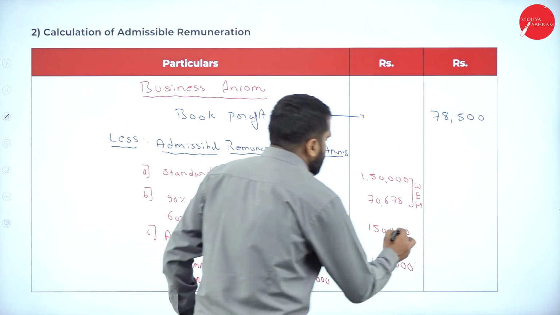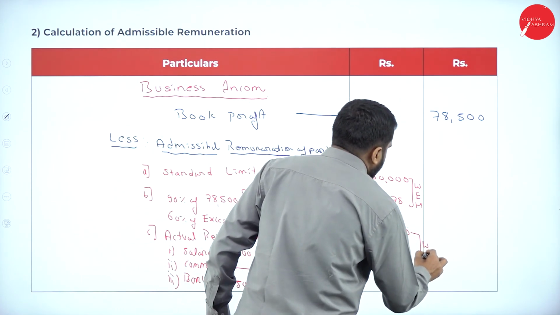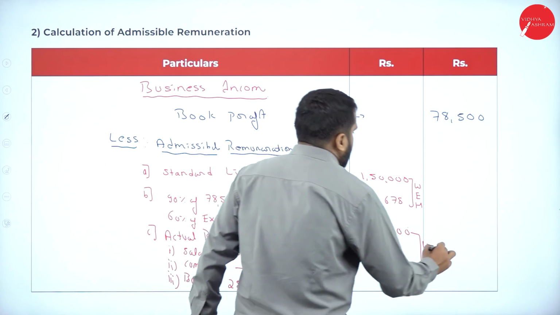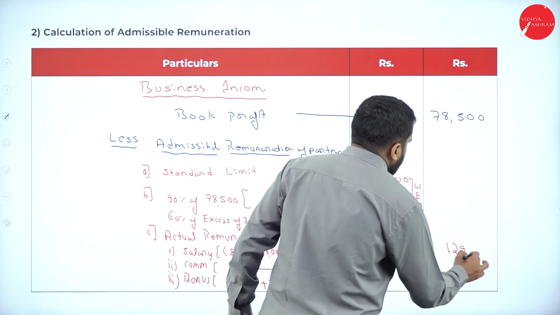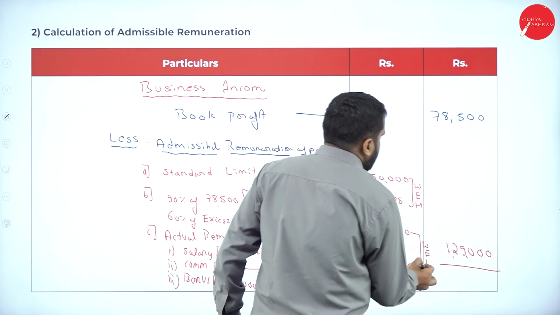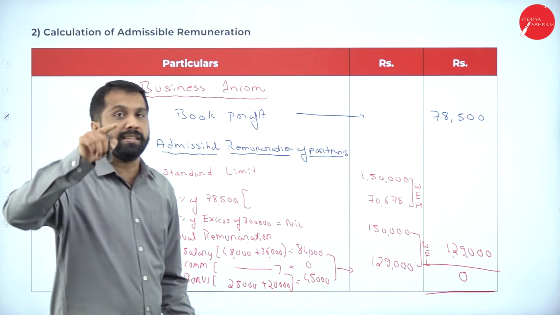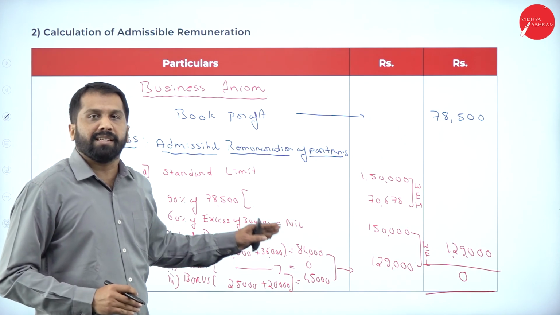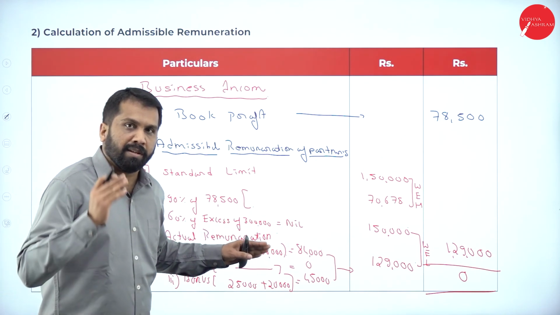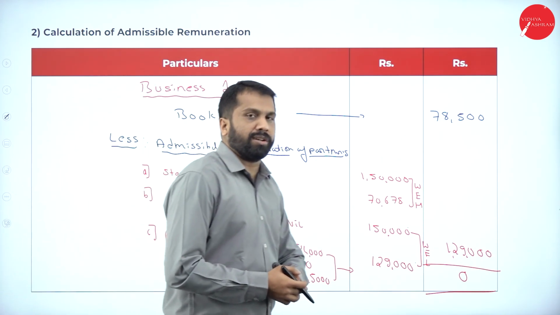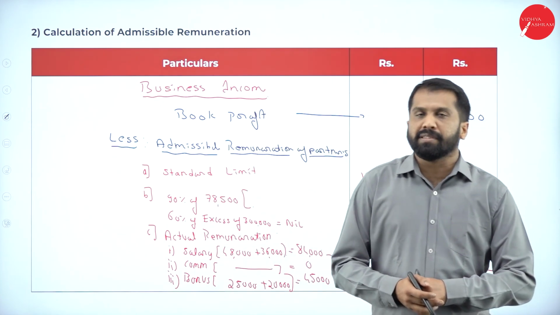Now what we are supposed to do? Whichever is low. Your 1,29,000 is low and your answer will be 0. Business income is nil. You don't have any business income. Hope you are clear. Good. These are the calculations we are supposed to do for your business income.